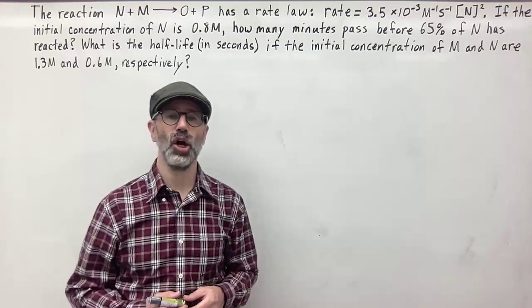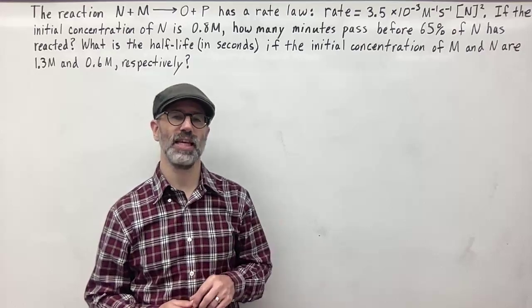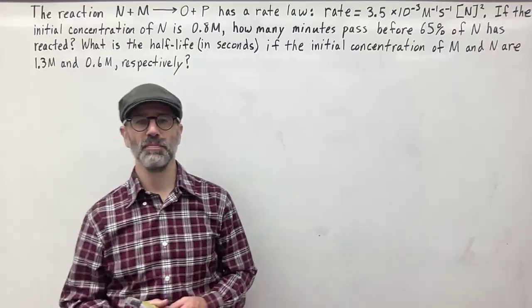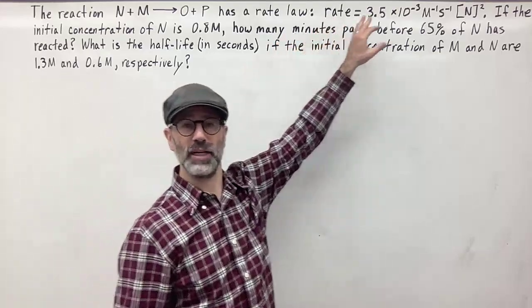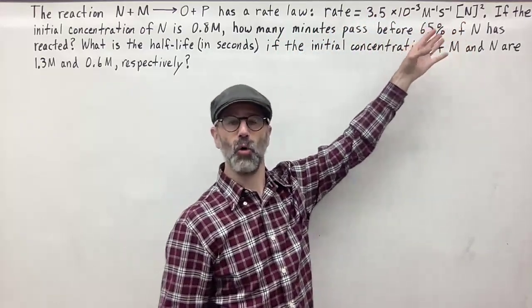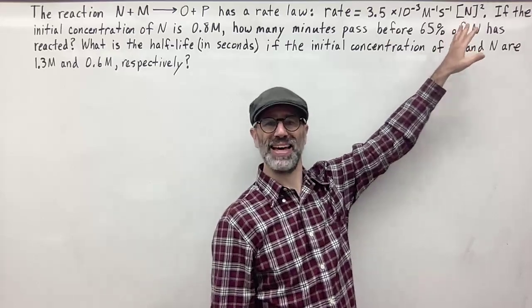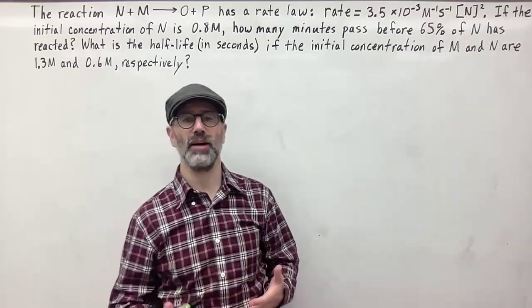First thing we need to know is the order of this reaction. They gave us the rate law here, and we can see that the only substance in the rate law is N. So that's the only substance that's going to affect the rate of the reaction.